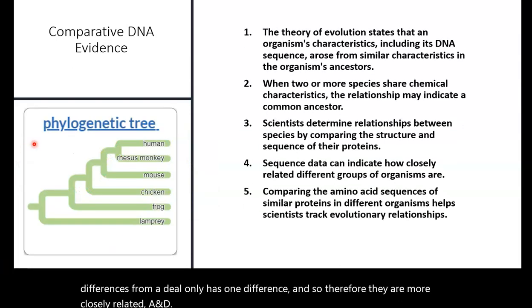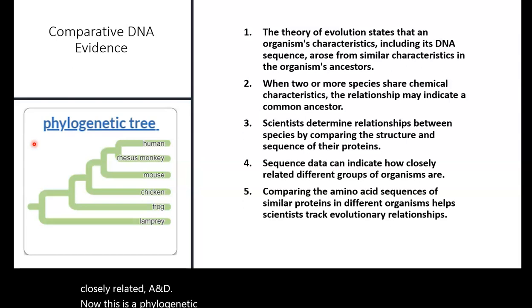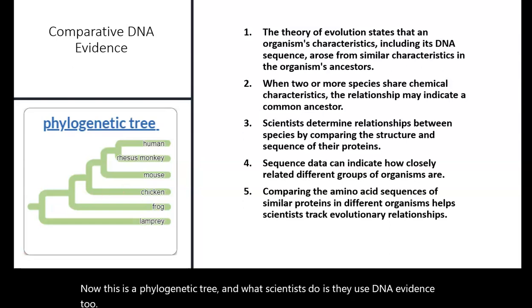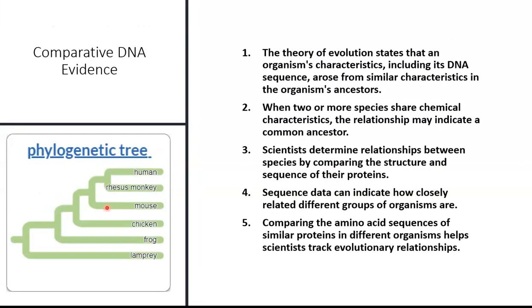Now, this is a phylogenetic tree, and what scientists do is they use DNA evidence to put together this thing called a phylogenetic tree, and basically it just shows you how organisms are more closely related or less closely related to each other. So the closer they are together on the phylogenetic tree, that just means they share more DNA.